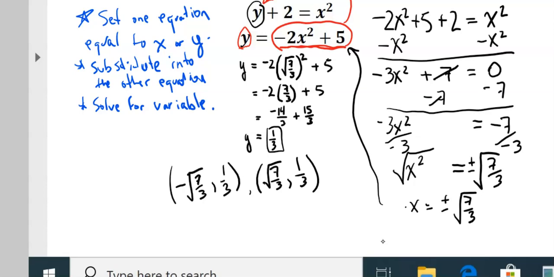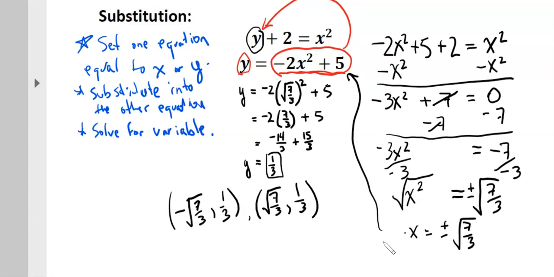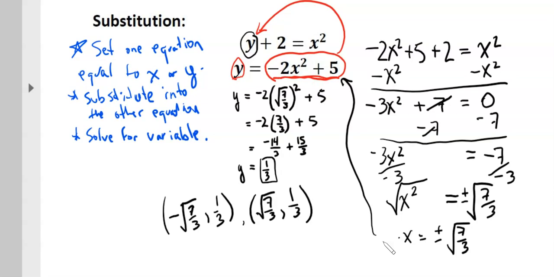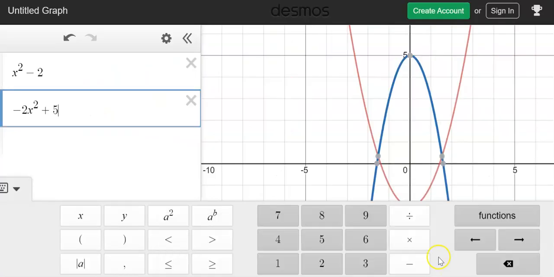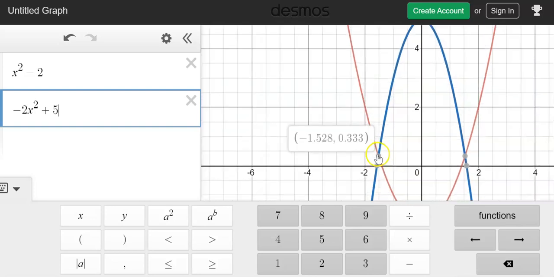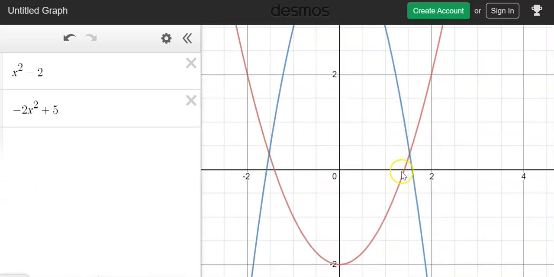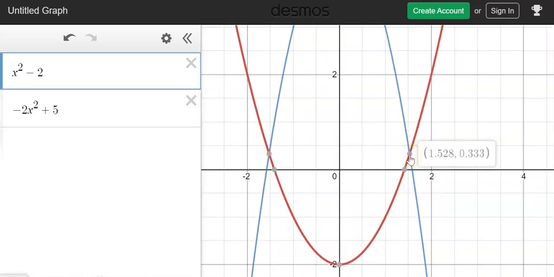And if I want to verify if that works or not, you can always go back like we did in our last lesson and solve this graphically in a graphing calculator or on Desmos. I did go ahead and do this on Desmos, and I found the one point of intersection was at negative 1.528, 0.333, and over here on the right, it was also 1.528, 0.333.